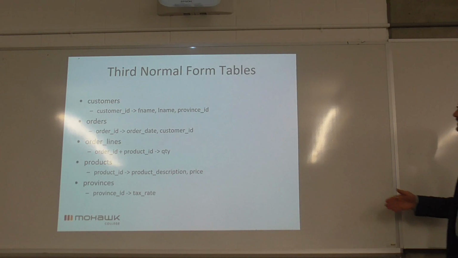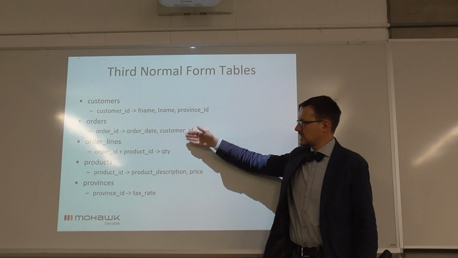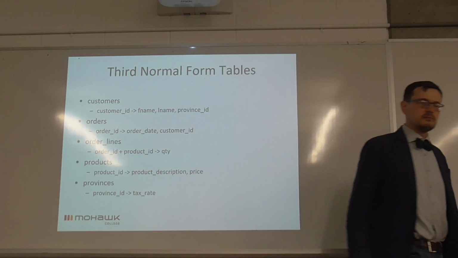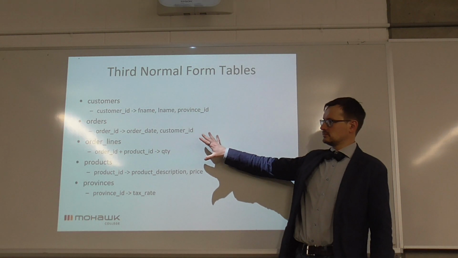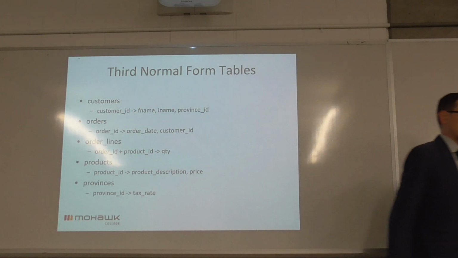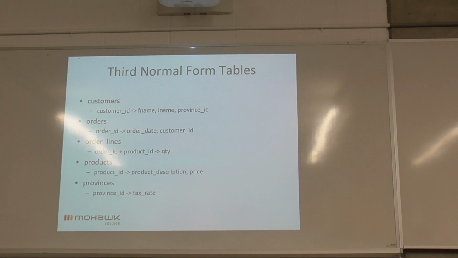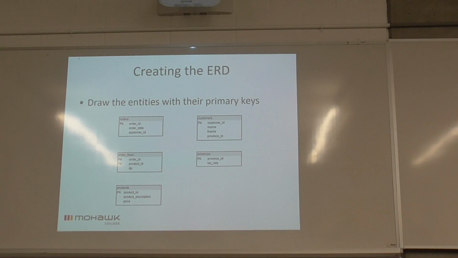These are the fields contained in each of these tables, but this should look extremely ugly to you. You should think to yourself, that should be a diagram. And so it shall. Orders, order lines, products, customers, and provinces.